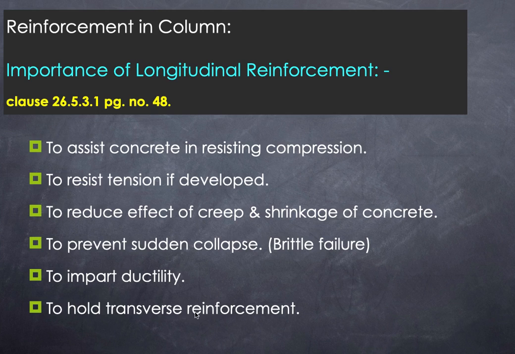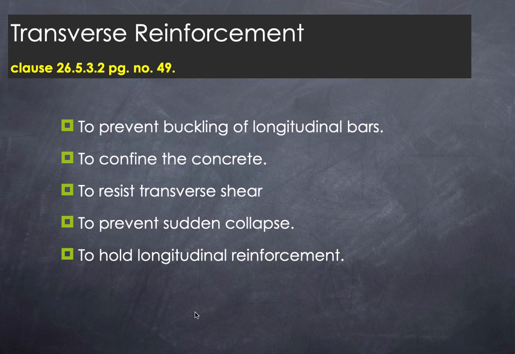The last one is to hold transverse reinforcement. If you go to transverse reinforcement, you can see one sentence there. Why do we need to provide transverse reinforcement? To hold longitudinal reinforcement in position. Again, the very important thing is that when we provide longitudinal bars, their cross section is very small compared to length. So they become quite slender, and to prevent buckling we have to provide transverse reinforcement.